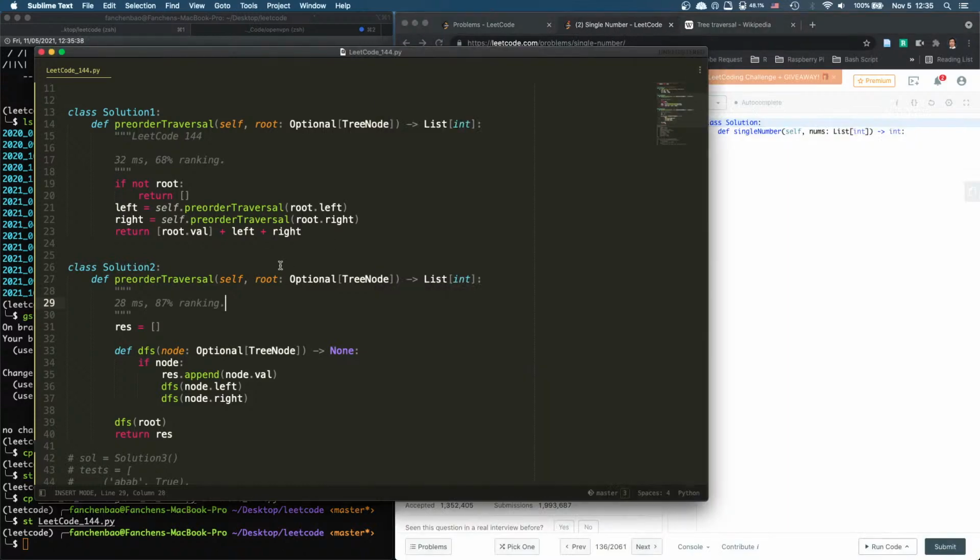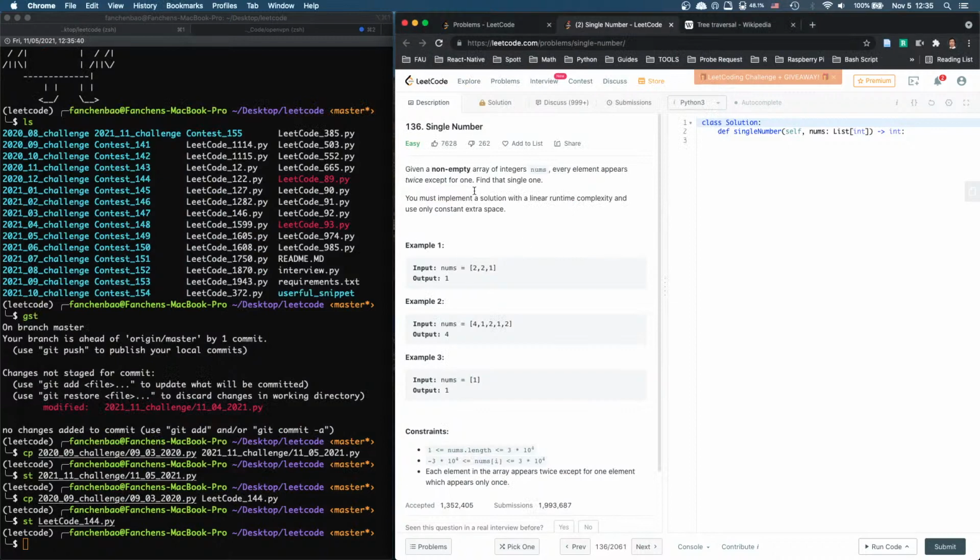All right, let's do the last one. Single number. All right, what's the single number? Non-empty array. Every element appears twice except for one. Find that single number. Linear runtime. Then use only constant extra space.